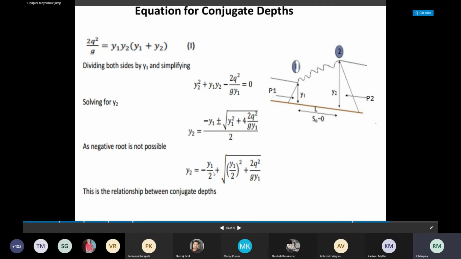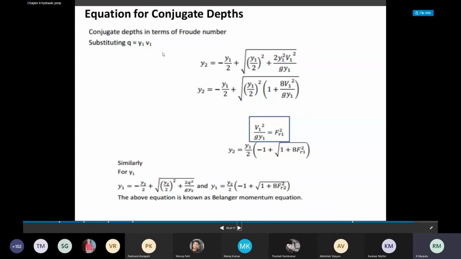So once I know y1 and q, I'll be able to find out y2. Okay, and hence the equation for conjugate depth in terms of Froude number. You know q is nothing but y1 v1, and you can substitute q here: y2 equals y1 by 2 into the square root of 1 plus 8 v1 square by g y1.